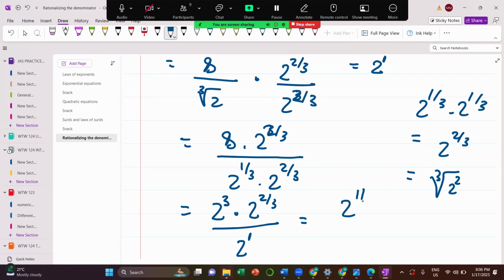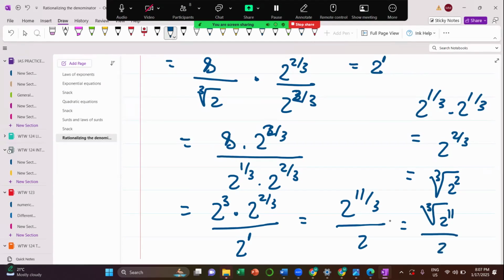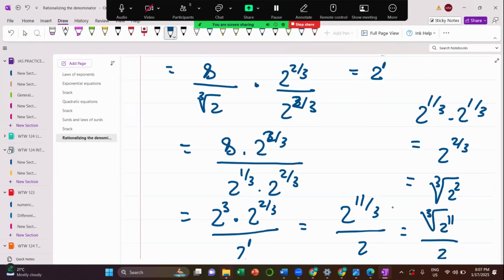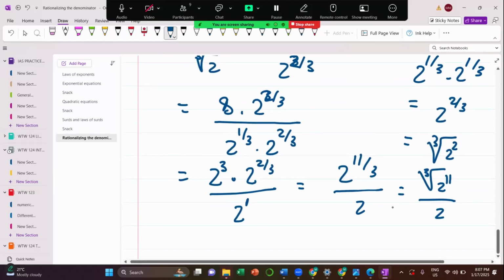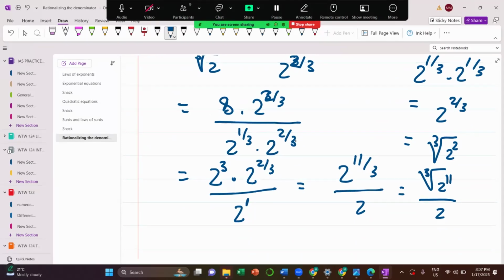So 2 to the exponent of 11 over 3 over 2. So this can just be written as cube root of 2 to the exponent of 11 all over 2. Are you guys okay? So the denominator is now rational.